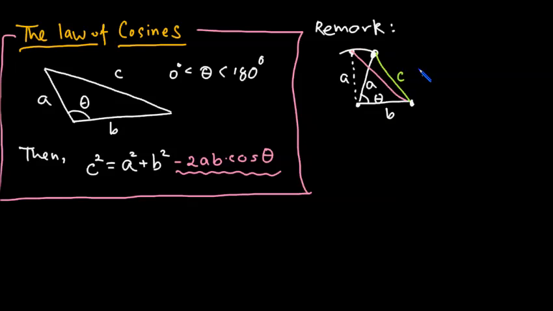So the C squared we're looking at here is not equal to A squared plus B squared. A squared plus B squared is the square of the hypotenuse of the right triangle, and C seems to have gotten smaller. So to get the correct quantity of C squared, you have to subtract off a little bit, and that's exactly this quantity, 2AB cosine theta.